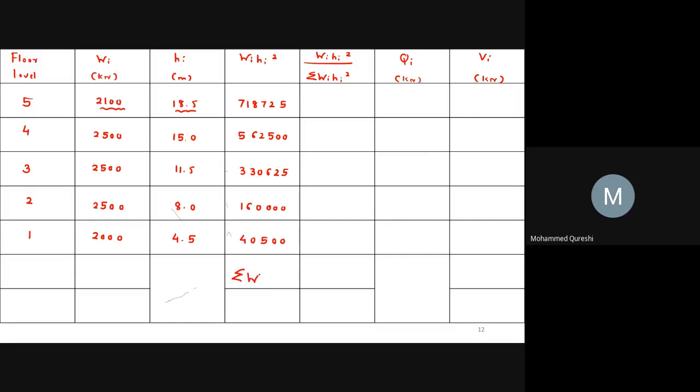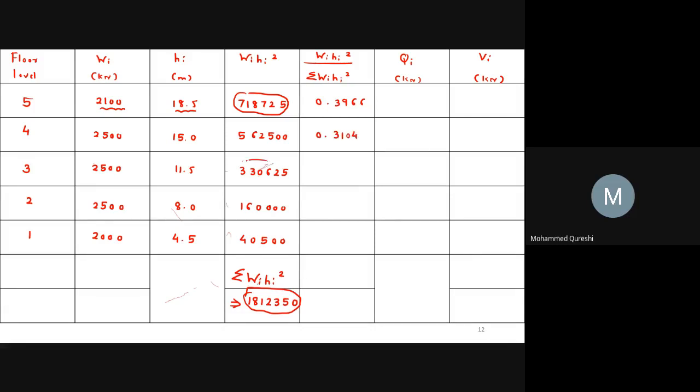So we will write here the summation of Wi Hi square equals 1812350. And here Wi Hi square means this value divided by this value will be equal to 0.3966, 0.3104.